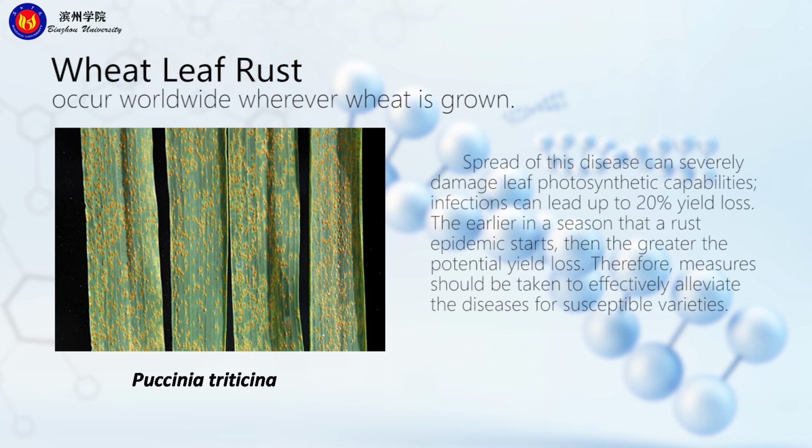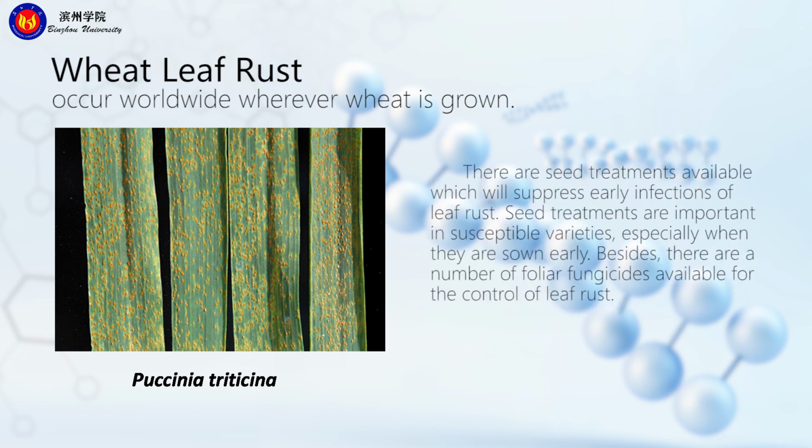The earlier in a season that a rust epidemic starts, the greater the potential yield loss. Therefore, measures should be taken to effectively alleviate the disease for susceptible varieties.